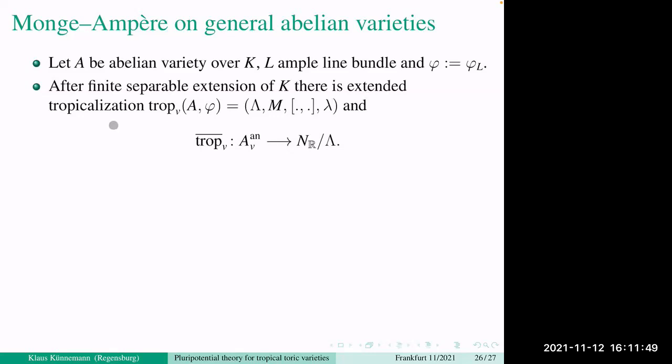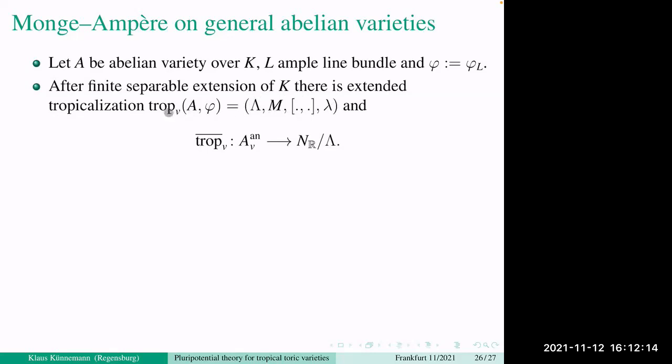Then there is an extended tropicalization. First of all, there's an extended uniformization, an extended tropicalization map, which was introduced by Gubler. And you can also define the tropicalization of this abelian variety. Of course, this tropical variety only takes care of the toric reduction part now.